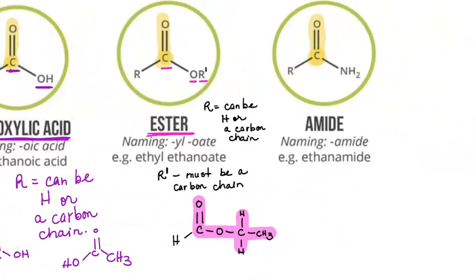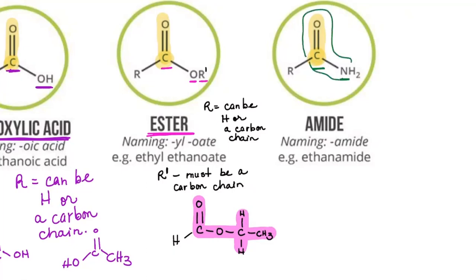The last member of the carbonyl family is going to be an amide, okay? And in order for something to be considered an amide, we need a carbonyl bonded to a nitrogen atom, and that nitrogen atom can have two hydrogens, it could have carbon chains, but specifically having C double bond O and nitrogen.